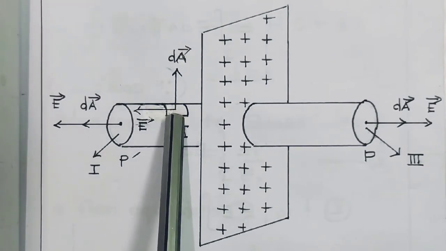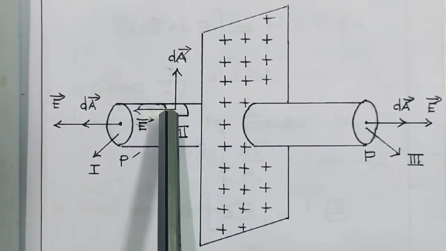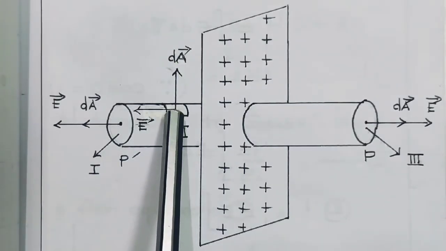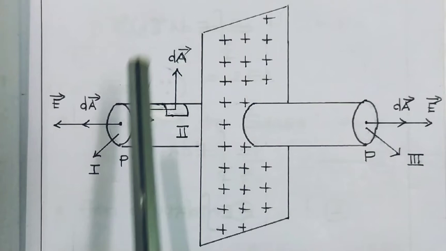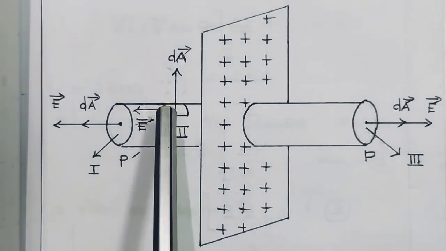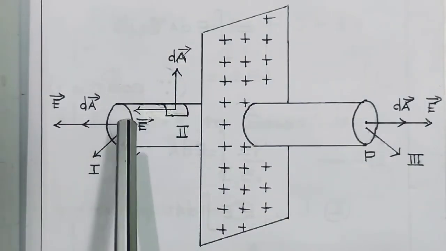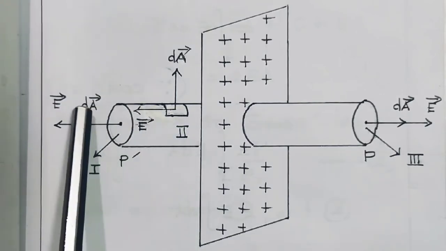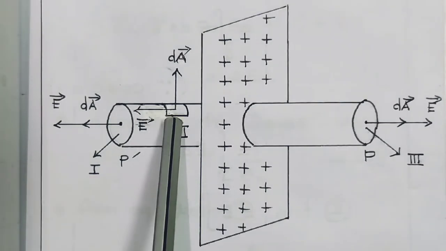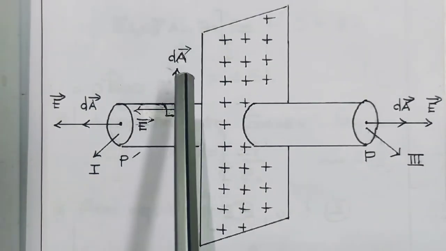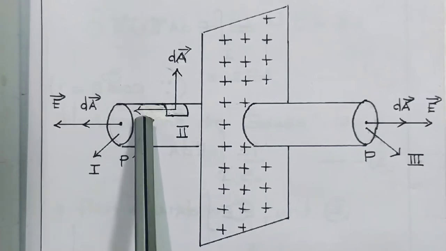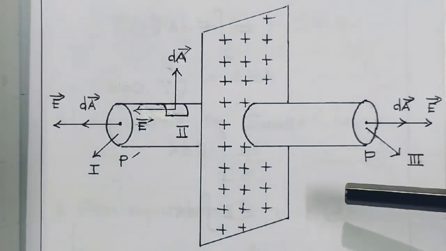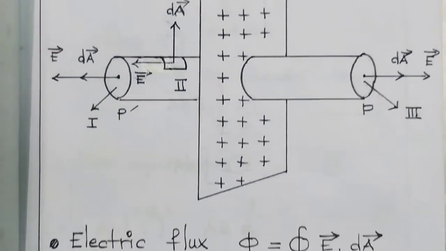Let this surface be dA, so the area vector is dA vector. It is directing upwards. Even at this point, the electric field is directed in this direction. So in this case, E vector and dA vector are perpendicular to each other, so the angle is 90 degrees. Now let us move on to the derivation.